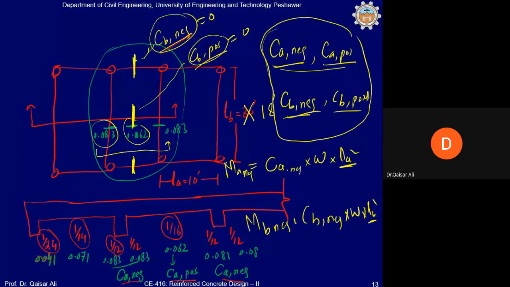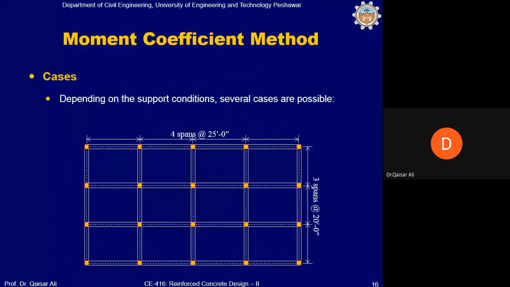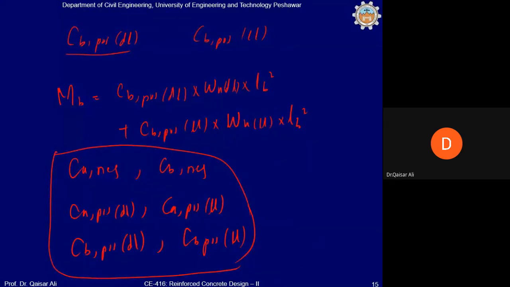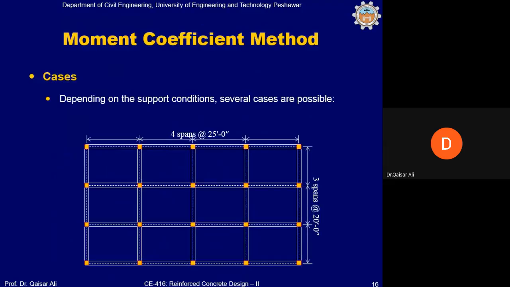Similarly the coefficient values for two-way slab system will also change with different boundary conditions. But it will also change with different longer to shorter span ratio, because as the longer to shorter span ratio increases, the load transfer along the shorter direction will increase.